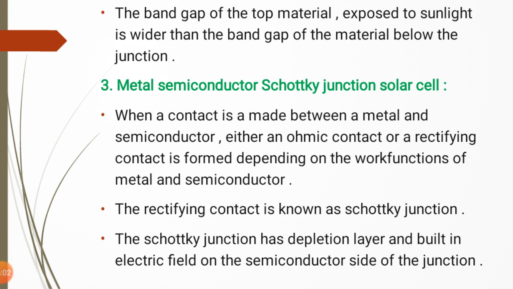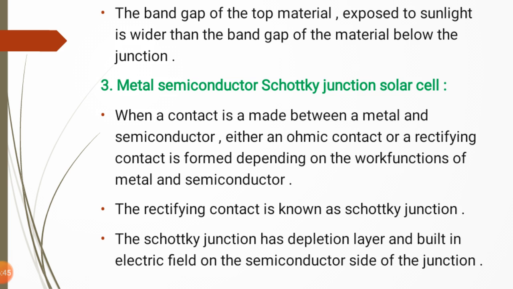Next, the band gap of the top material exposed to sunlight is wider than the band gap of the material below the junction. As we saw in our previous video on how the solar cell works, there are two regions, the N region and the P region, but the material with the wider band gap, that means a large band gap, is exposed to the solar radiation, so that there is a maximum possibility to generate electron hole pairs, and we get the maximum amount of electricity.